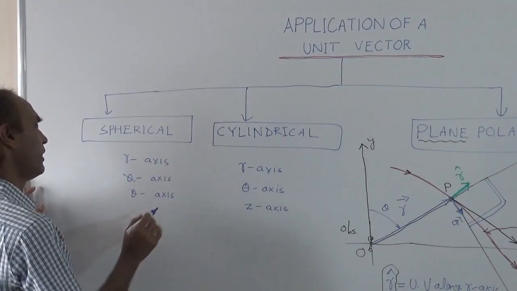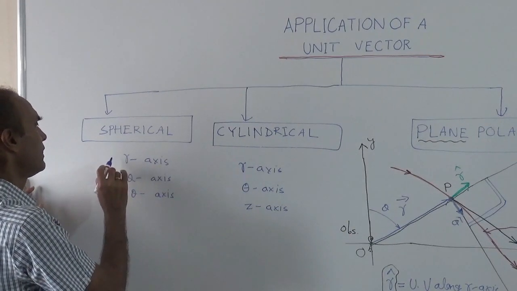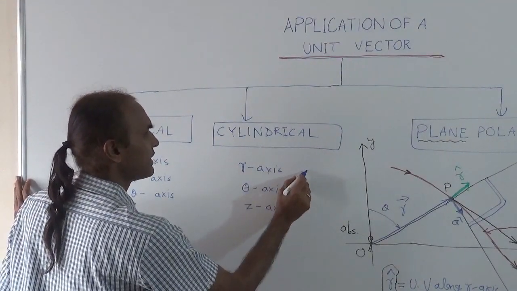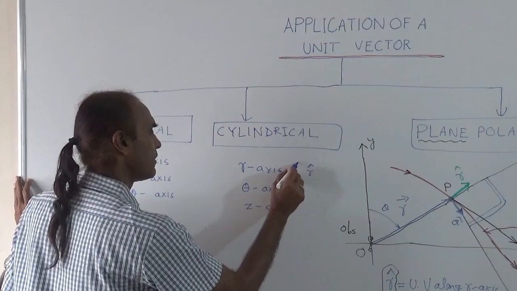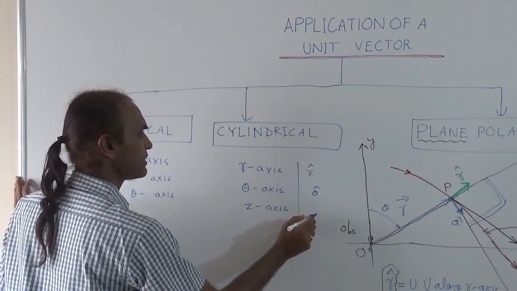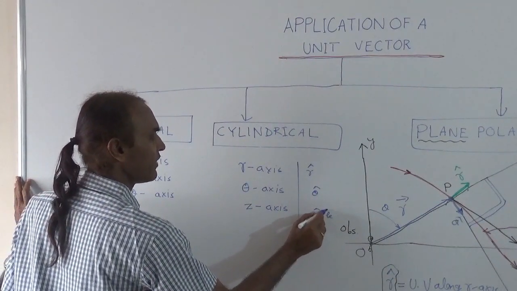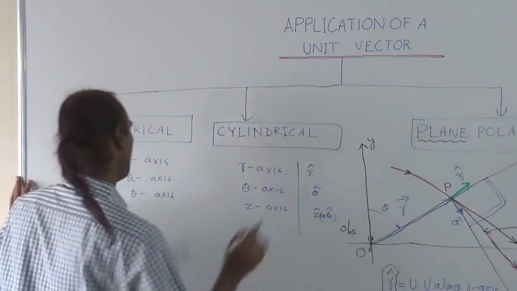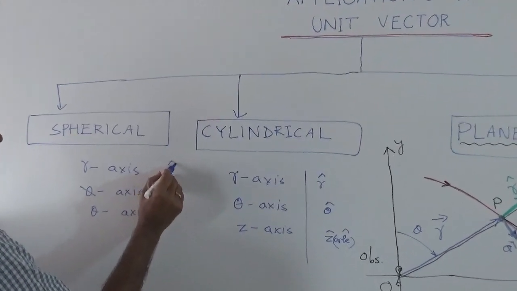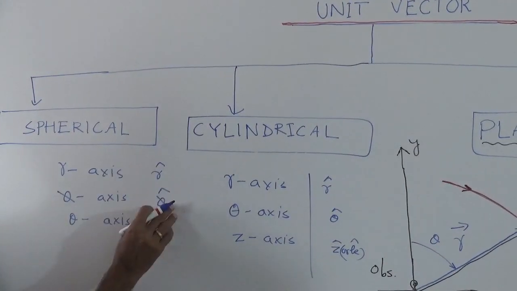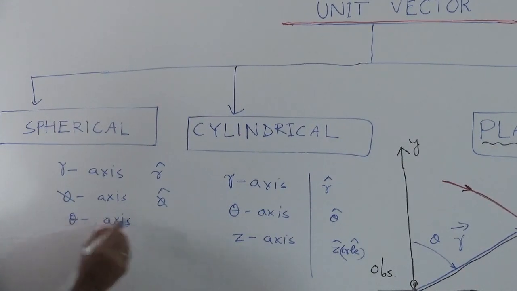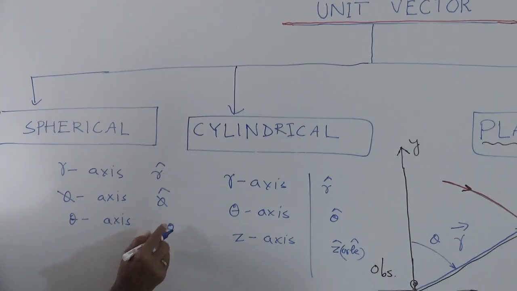So in brief, just remember that in the cylindrical coordinate system, the unit vector along the r-axis is r cap, along the theta axis the unit vector is theta cap, and along the z-axis the unit vector is z cap or k cap. In the spherical coordinate system, along the r-axis the unit vector is r cap, along the phi axis the unit vector is phi cap, and along the theta axis the unit vector is theta cap.